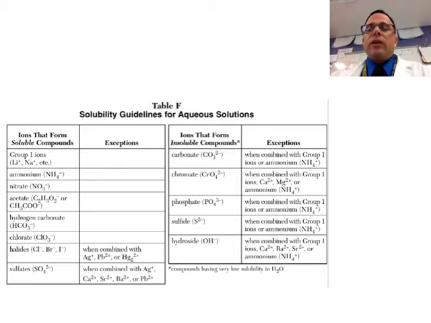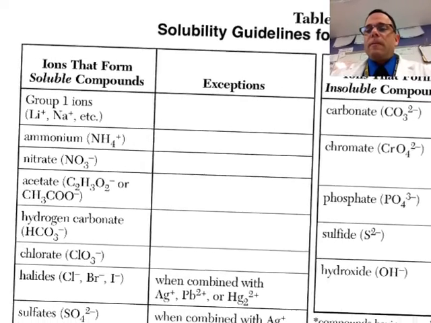And this is aqueous. Aqueous suggests the water. Now, if it does not dissolve in water, yes, it could be a liquid like oil and water. Oil does not dissolve in water. But typically when we have these conversations, the substance will be a solid, and we call that a precipitate.